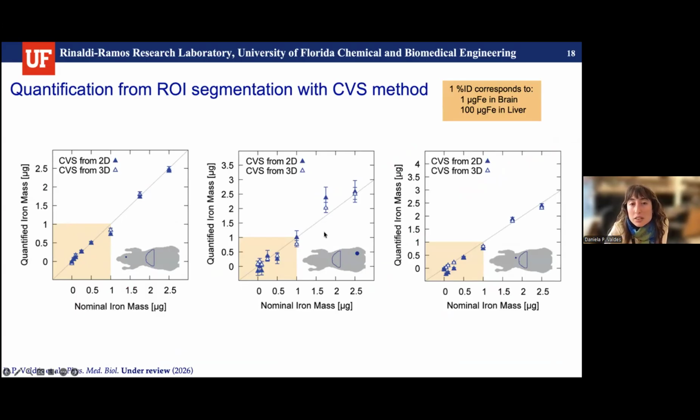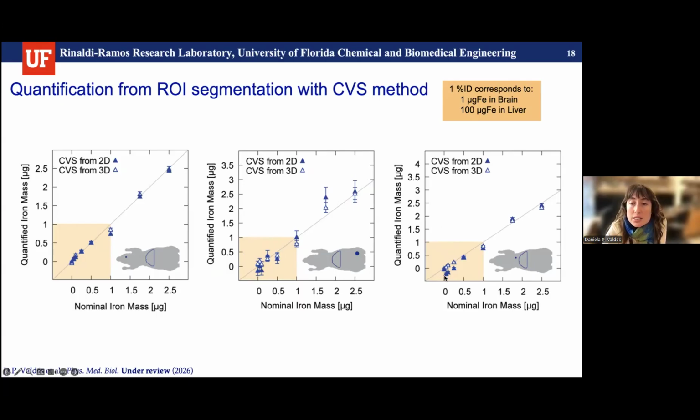But when we look at the flank and lung, we see that this effect that we had for 2D, where we had the offset, is no longer present. And we have a better agreement between what we quantify and the ground truth.